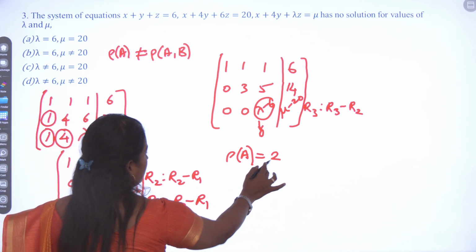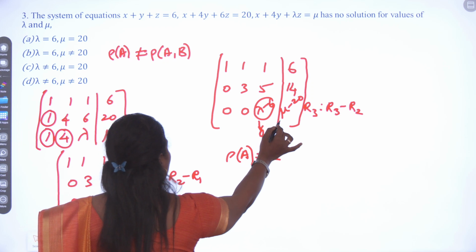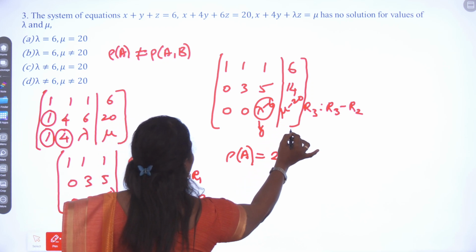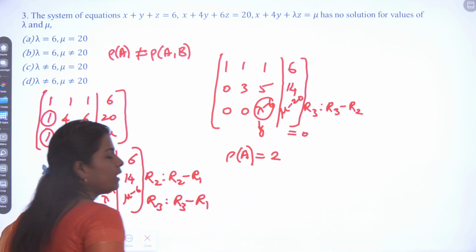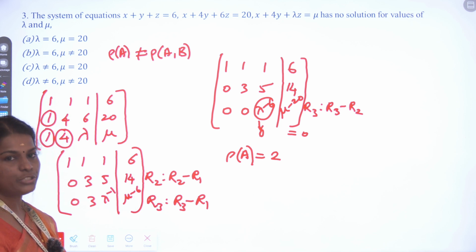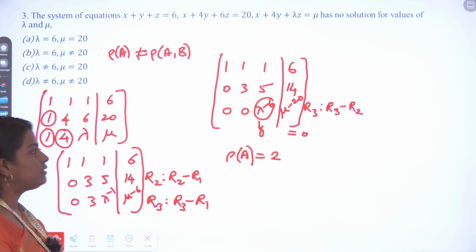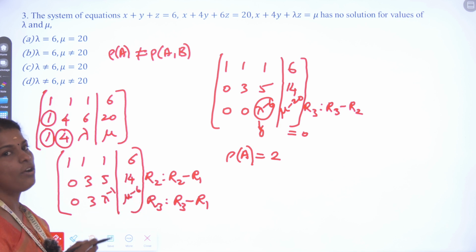Whereas if we consider mu minus 20 also equal to 0, then rank of AB also becomes 2. In that case, rank of A is equal to rank of AB.